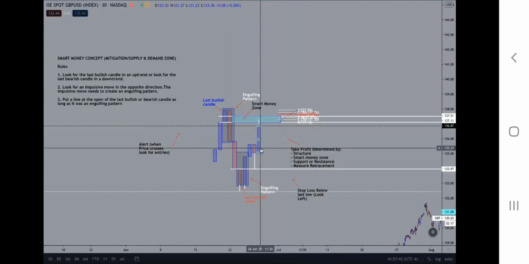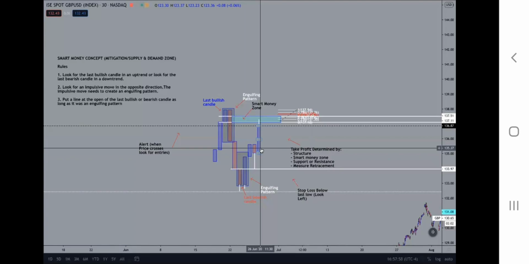Now, one last thing before I go is there is only one thing that makes this trade invalid, and this is why you want to follow all your confirmations and make sure you have multiple confirmations before you enter a smart money trade.